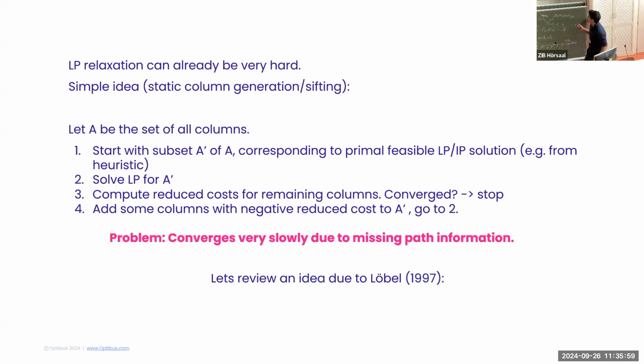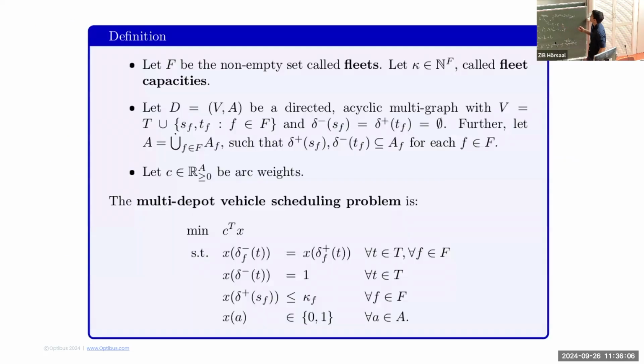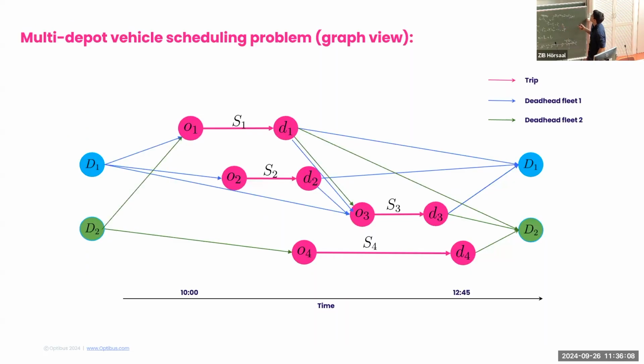It converges very slowly. The problem is that we are missing the path information here. If you go back, maybe the reduced costs on this one, for example, are very negative. We say, okay, we add this one to our master problem.